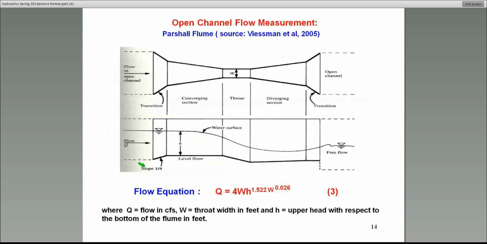H is, it's given right here in the label. It's the height of the water surface before it gets into that slope area right here where the water starts accelerating. So that H reflects the effects of this throat on the whole flow situation. And that's what H is. I hope that answers your question.